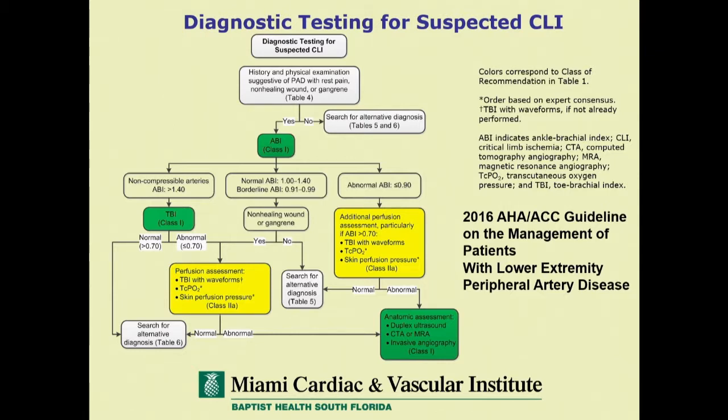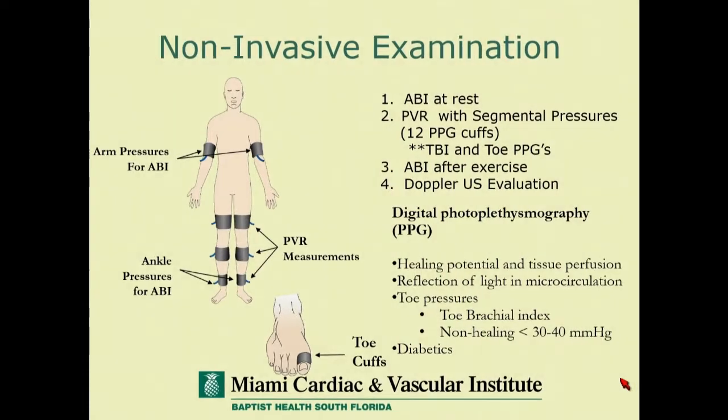Basically, when you're looking at patients with suspected CLI, the ankle brachial index could be helpful, but we know that in a lot of these patients vessels are non-compressible, so we do need a TBI, or toe brachial index, to help us. But at the end of the day, if you're considering revascularization, assessment with duplex ultrasound, CT, and MRA is really essential to help us make that distinction.